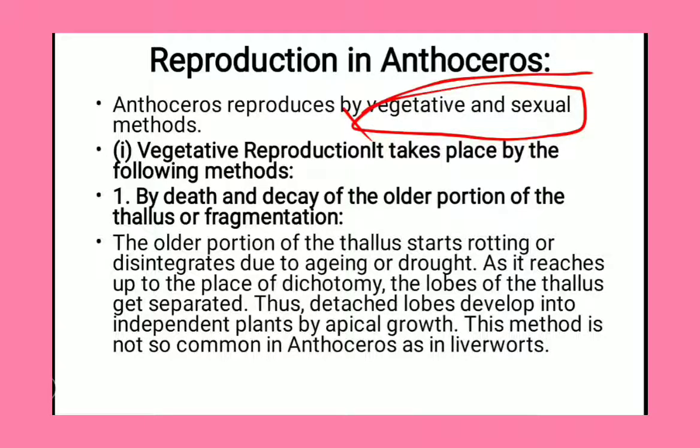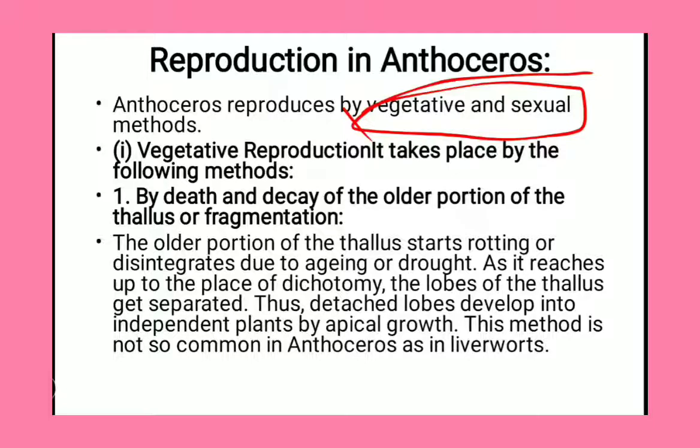as it reaches the place of dichotomy, the lobes of the thallus get separated, and thus a detached lobe develops into an independent plant by apical growth. This method is not so common in Anthoceros as in liverworts.